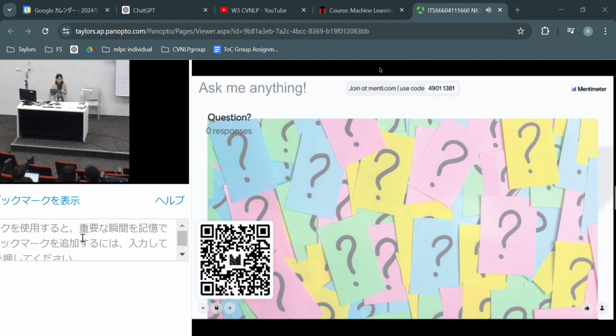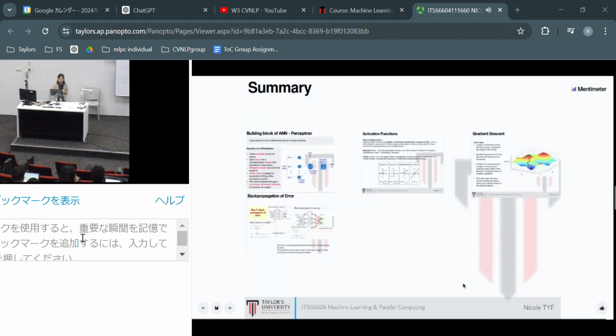No question? Okay, so as a summary of today's lecture, what we just covered is how this artificial neural network learns. We started off by talking about the basic unit of a neural network, which is a perceptron, and a very important way of how backpropagation works.